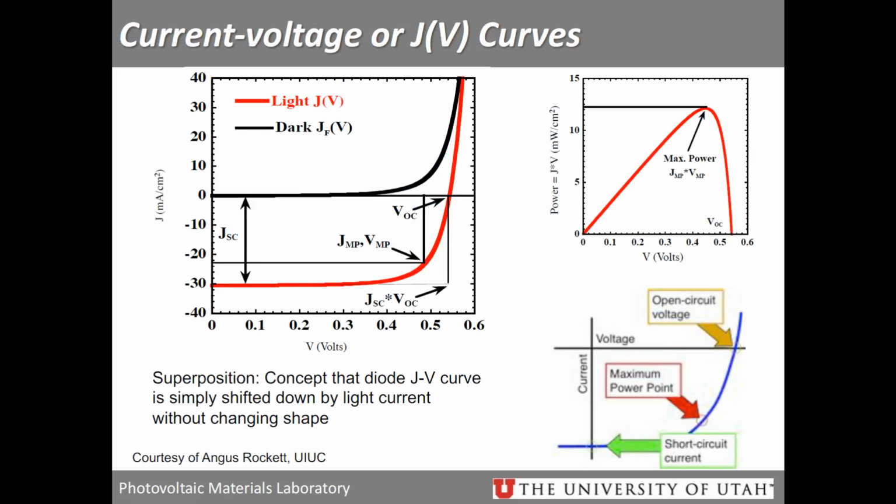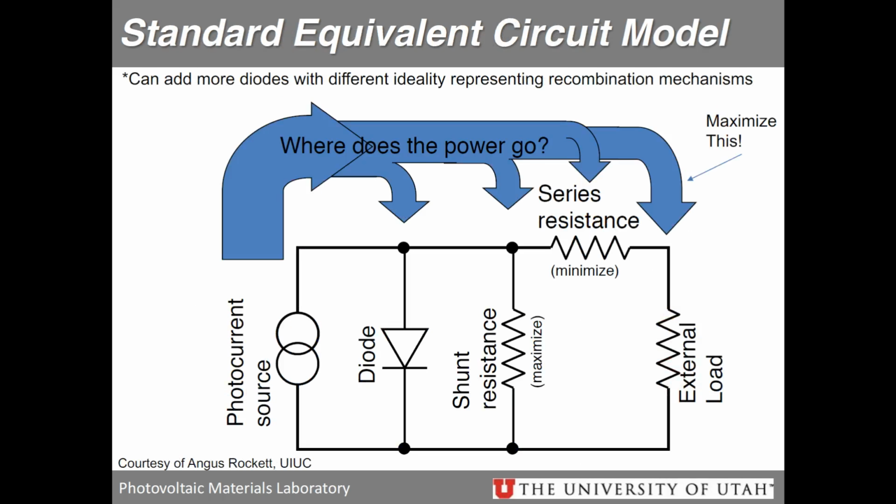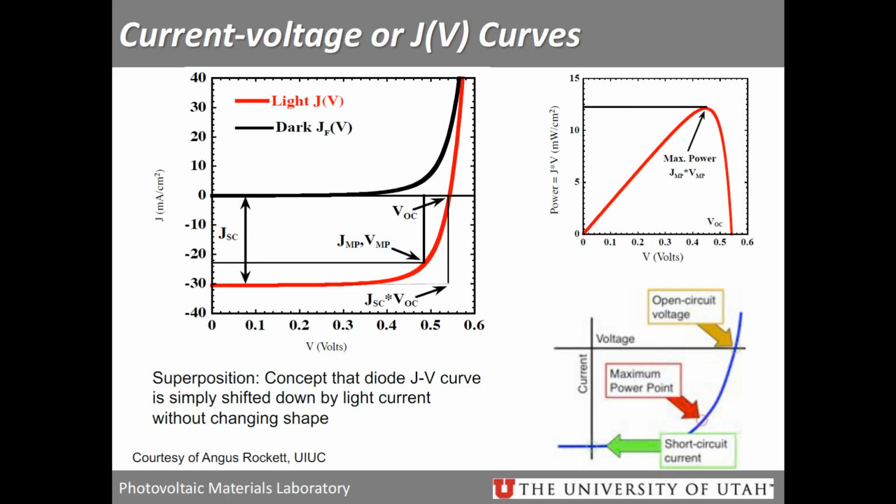Now there are two cases to analyze for this circuit. The first case is when there is no photocurrent shining on my circuit. Let's say the source is not present and you just have the diode circuit. In that case, what we have is shown by this dark curve, what we call the dark current, and this is technically pretty low.